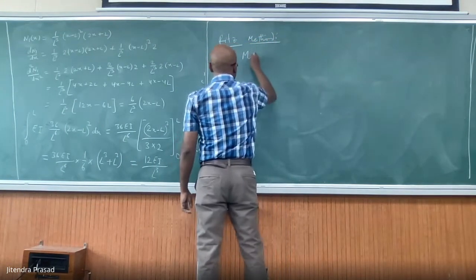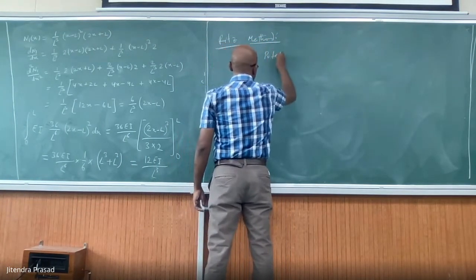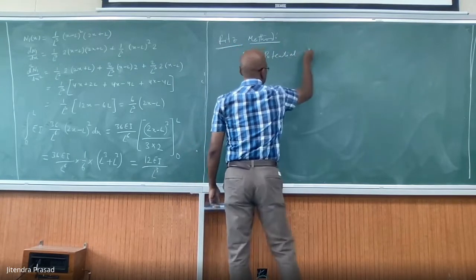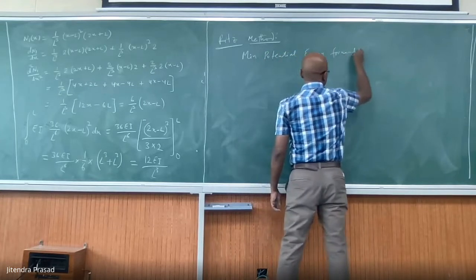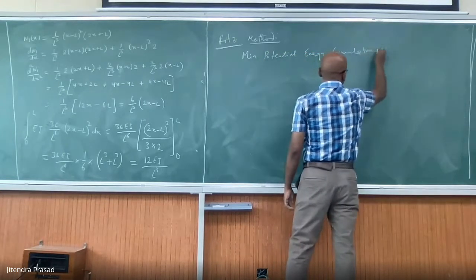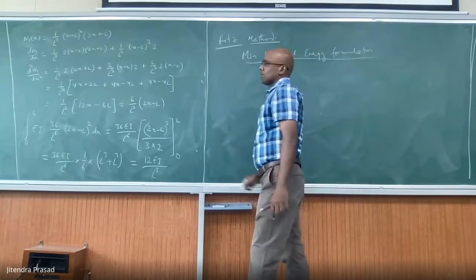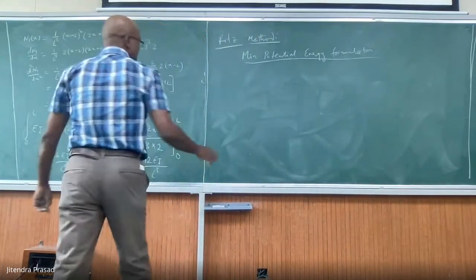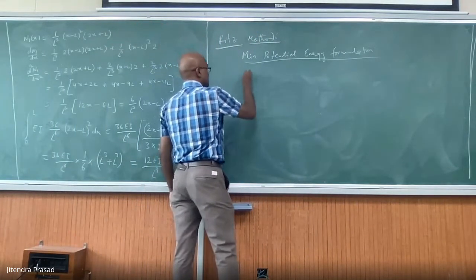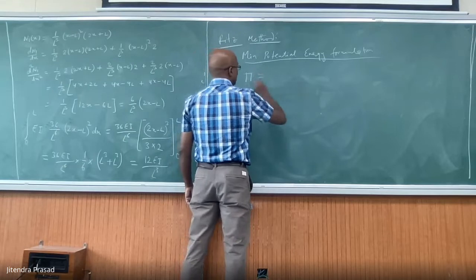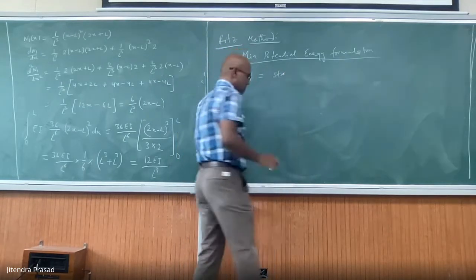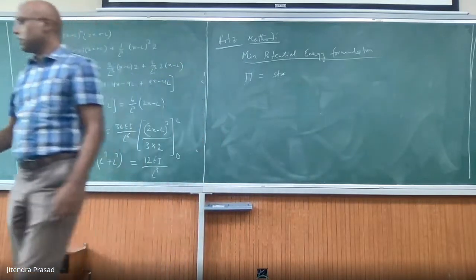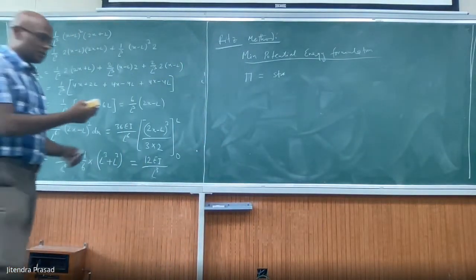We call it the minimum potential energy formulation. And what do you mean by that? You remember, you say potential energy is equal to strain energy minus work done. Right?